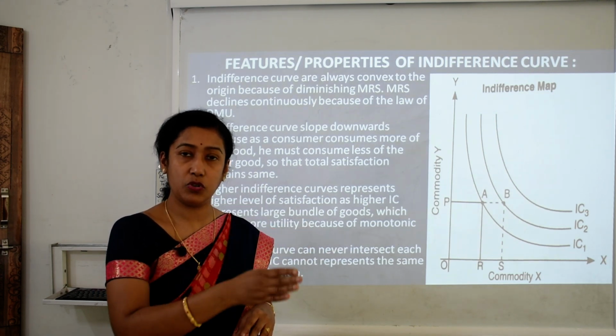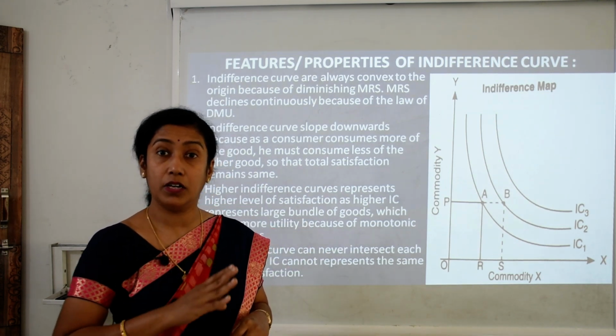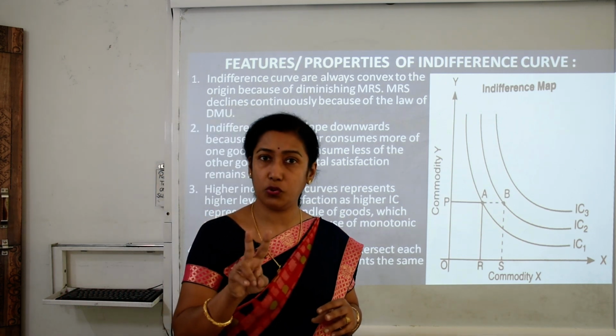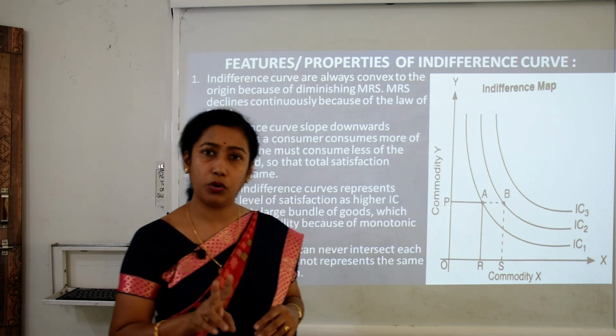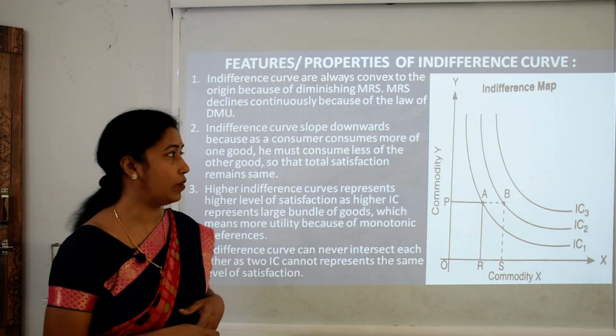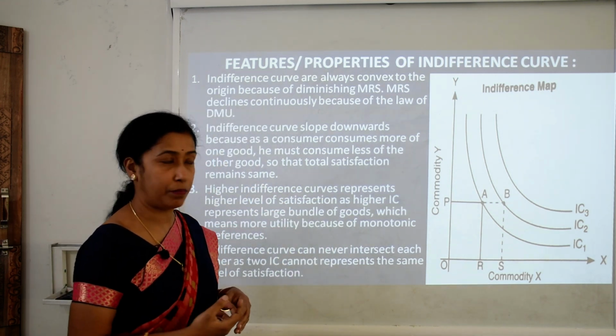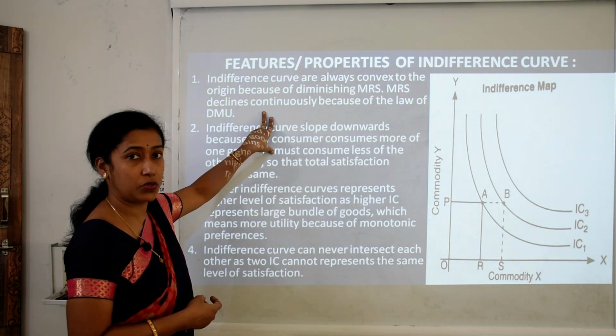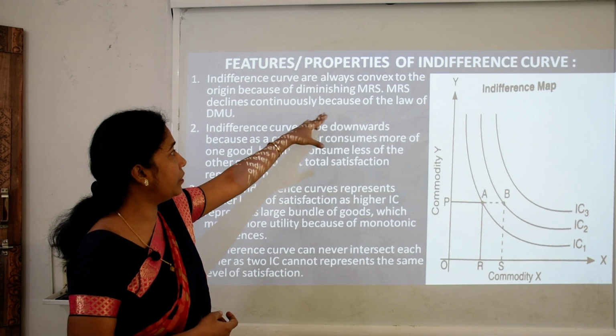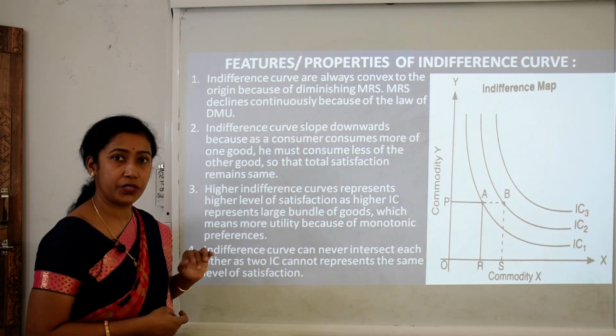When a consumer can substitute or can have his combination of 2 goods, both the goods must be substitutes of each other, and both the goods must be giving him an equal level of satisfaction, say in case of apples and oranges. So MRS, that is the marginal rate of substitution, must decline continuously because of the law of diminishing marginal utility.